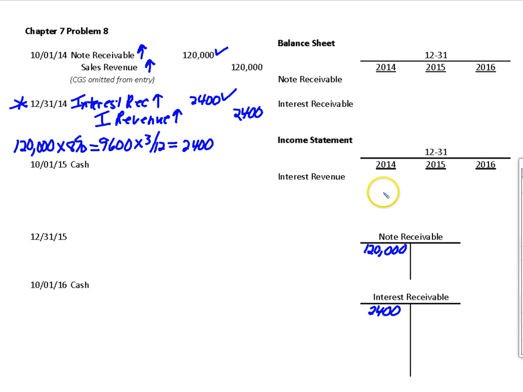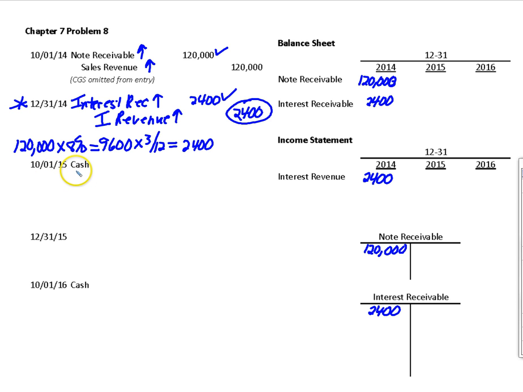So we would have these two balances, $120,000 for the note receivable and $2,400 for interest receivable. And then interest revenue for 2014 is that 3 months, $2,400. Okay, and then revenue will get closed out to retained earnings, and then a whole other year goes by.